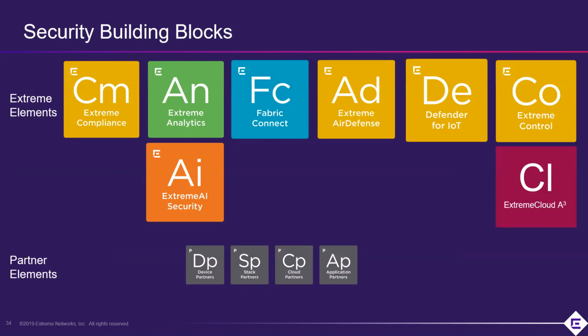Notice we have Extreme Compliance, that automation tool that I talked about for PCI, HIPAA, GDPR, Analytics, AI Security, Fabric Connect, Extreme Air Defense, which is that wireless IPS, Defender for IoT, which is a particular system which can protect and lock down an IoT environment and provide you a comprehensive asset inventory as well, Extreme Control, and also Extreme Cloud, which are both of our NAC offerings within the portfolio.